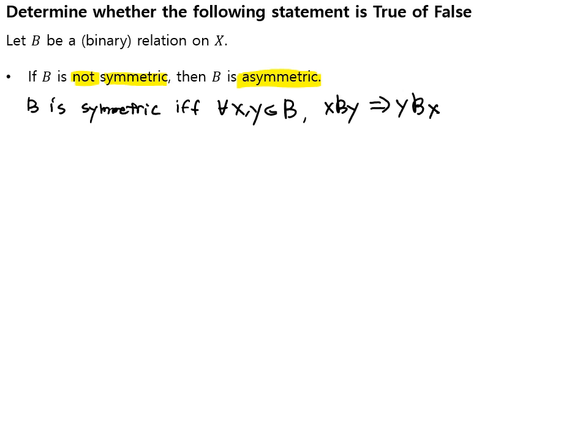Okay? But again, we can change this by material implication as saying not x B y or y B x. Okay, so suppose that B is not symmetric.